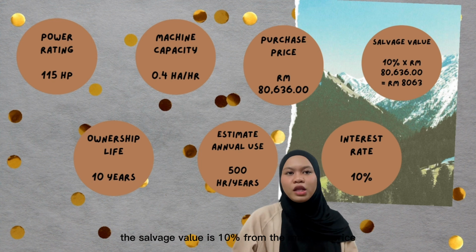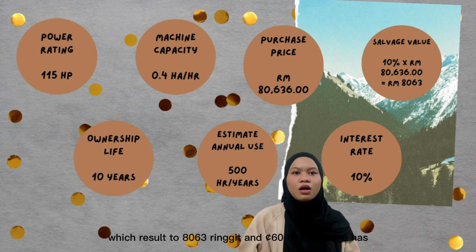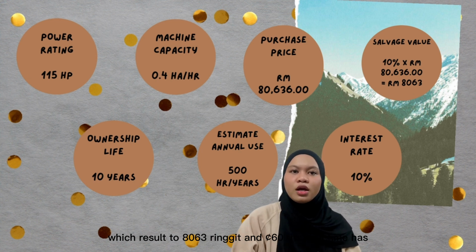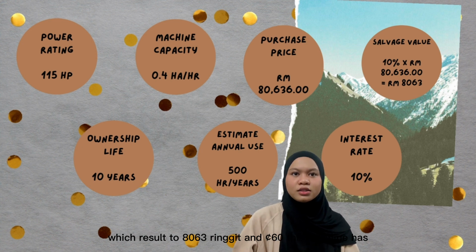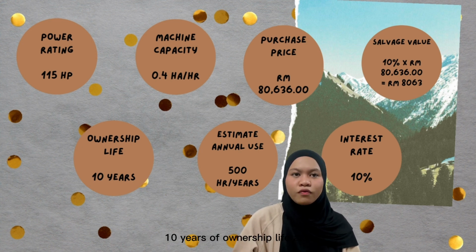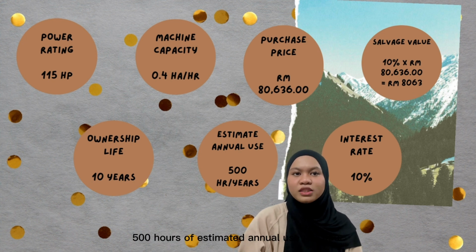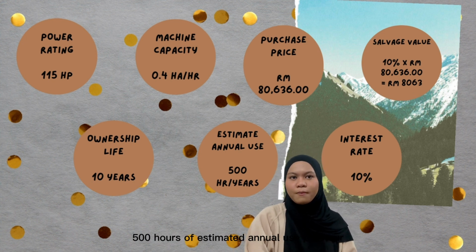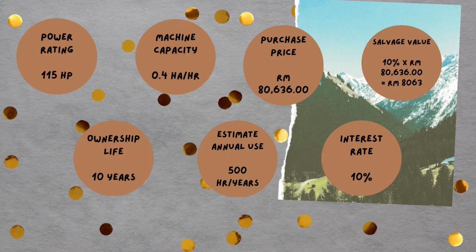The salvage value is 10% of the machine price, which results in 8,063 ringgit and 60 cents. This machine has 10 years of ownership life and 500 hours of estimated annual use. Also, the interest rate is 10% of the remaining value.